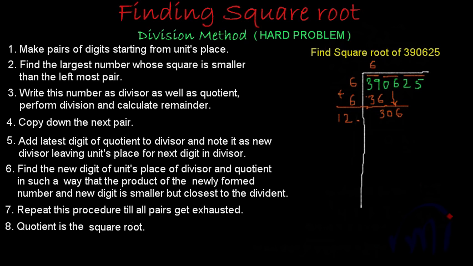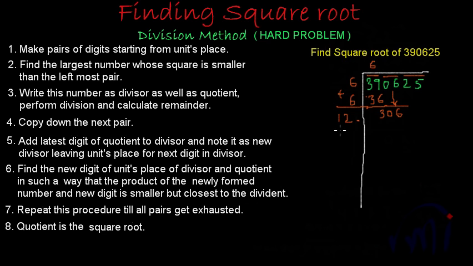And now what do I have to do? Find the new digit of the units place of the divisor and quotient in such a way that the product of the newly formed number and the new digit is smaller but closest to the dividend.